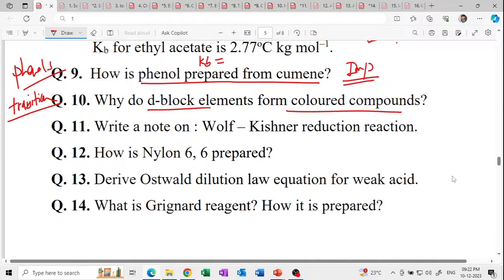Okay, chemical reactions. Under the chemical reactions, get it? Clemmensen reduction, Wolff-Kishner reduction. Yes, this is the Wolff-Kishner reduction.